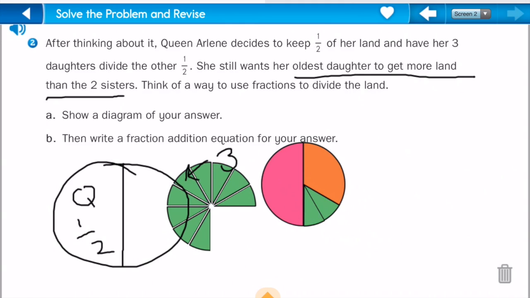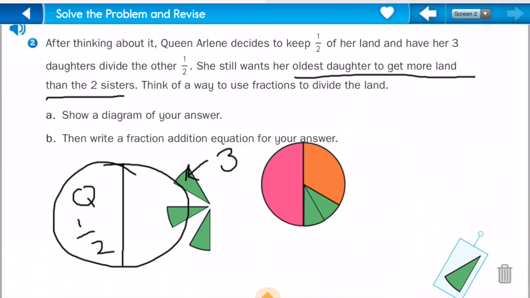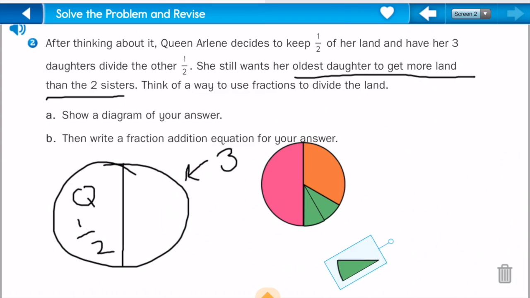All right. Take these pieces and throw them out. I don't need all of them. So now, I know I still split it up between 3 people, right?